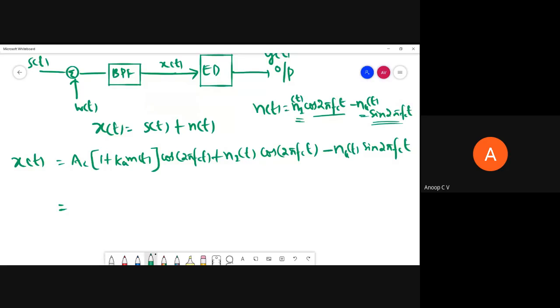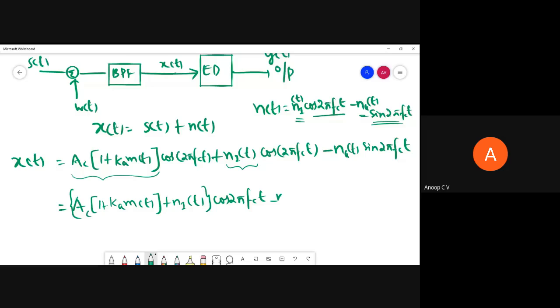So I can collect all cos 2 pi fct terms. So cos 2 pi fct is multiplied by Ac, 1 plus k_a m of t, and then ni of t. That will be the in-phase part here. So Ac into 1 plus k_a m of t, plus ni of t, this entire thing into cos 2 pi fct, minus nq of t sine 2 pi fct.